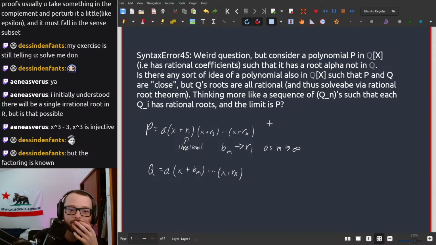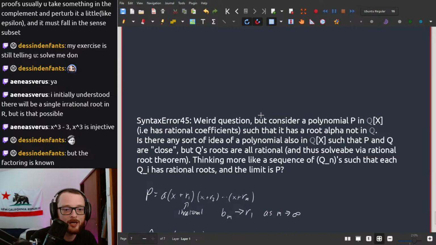Yeah, that's true. Yeah, as long as we can factor it, this rational approximation still works, right? I don't know. My brain is kind of imploding.